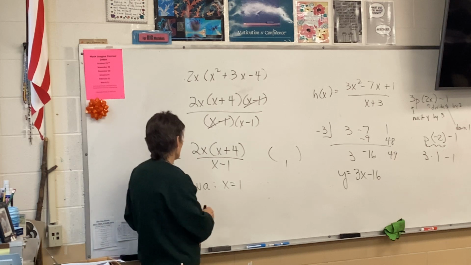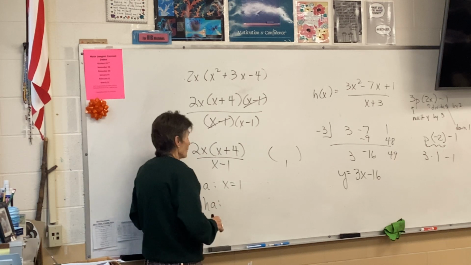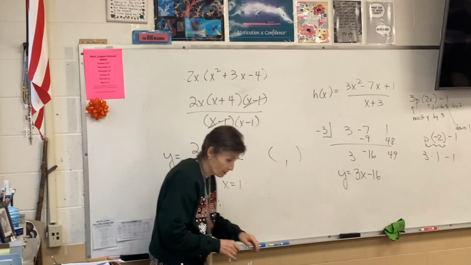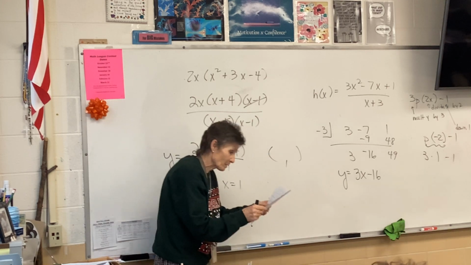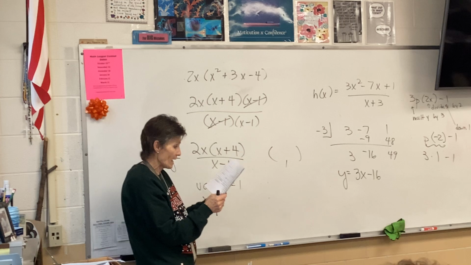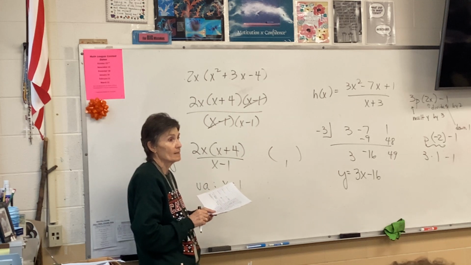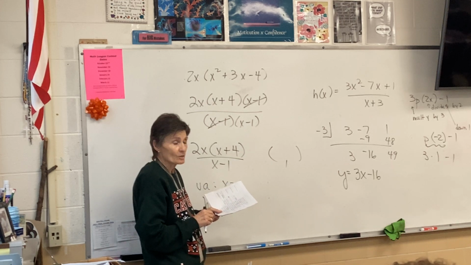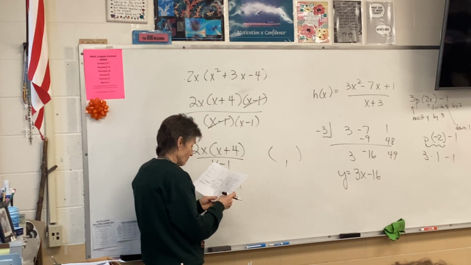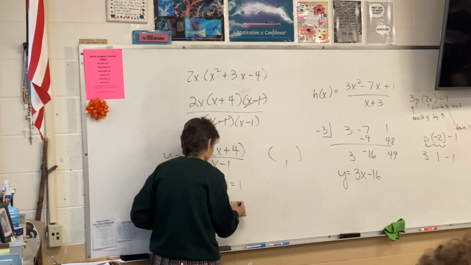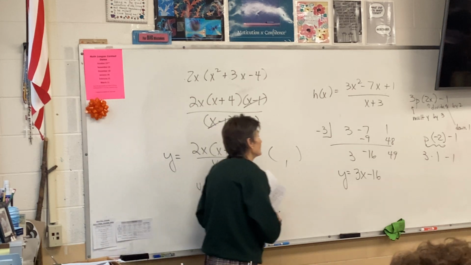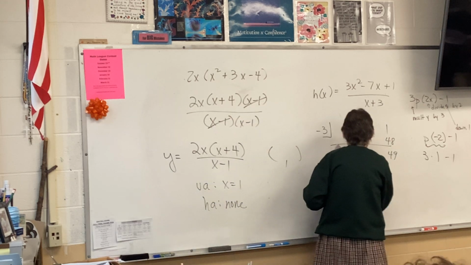So, what about a horizontal asymptote? Well, when I look at my problem again, I see that the power on top is bigger again. So there isn't going to be a horizontal asymptote, but there is going to be a slant asymptote.